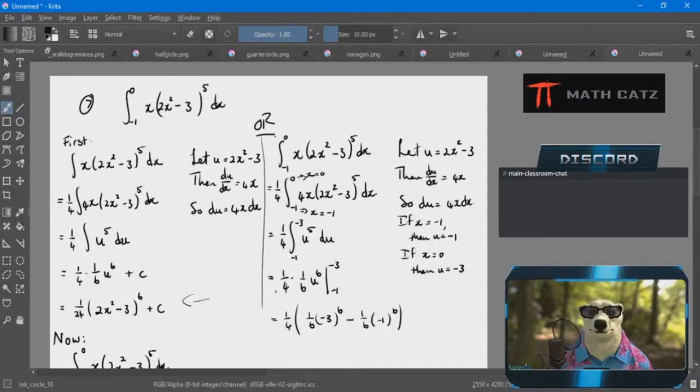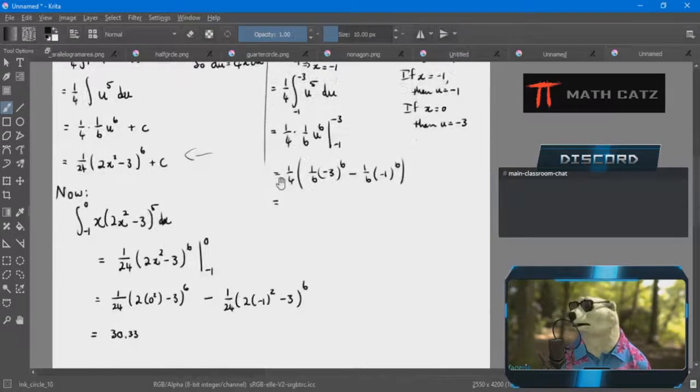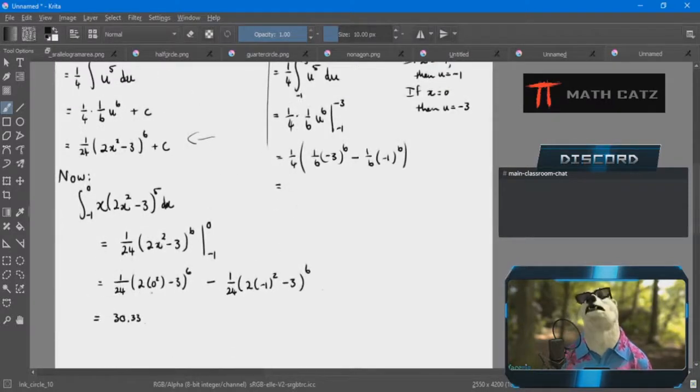Now feel free to pause here and calculate and verify that I get the same 30.3. And if you look, this essentially looks the same as before. So I'm going to get my same answer.